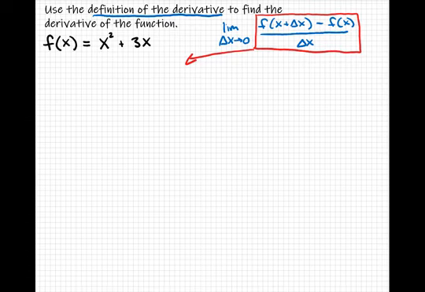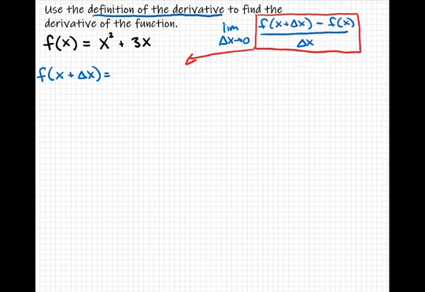Well, let's start with the f of x plus delta x. That basically means we substitute x plus delta x into x in our function.